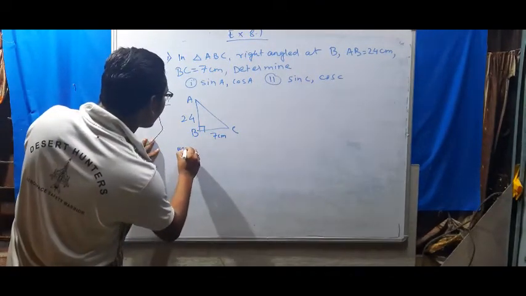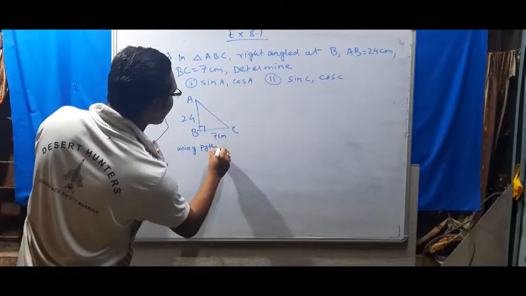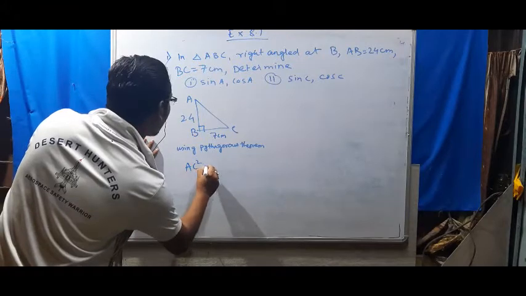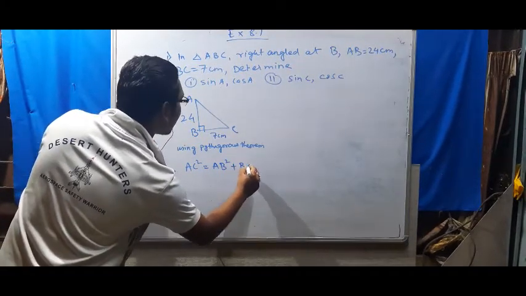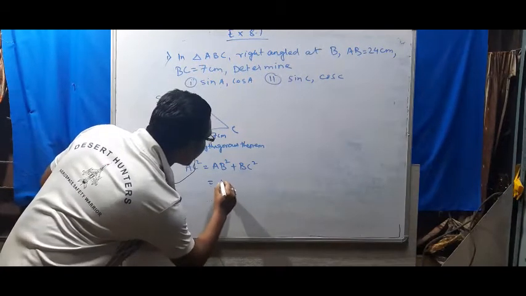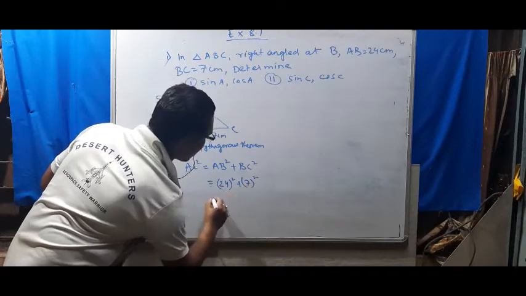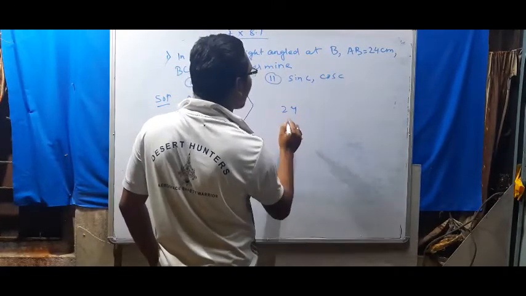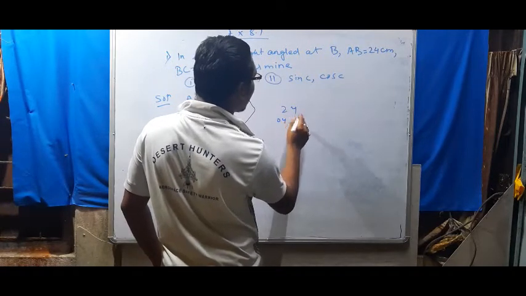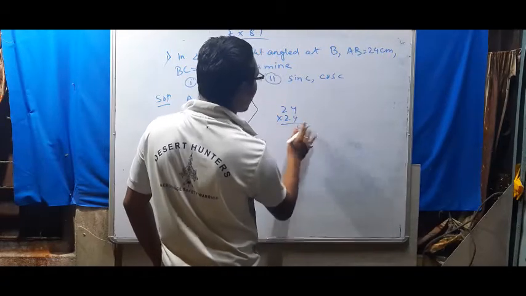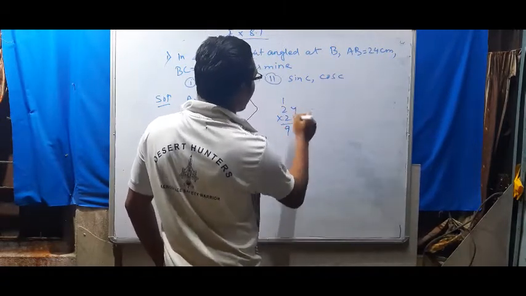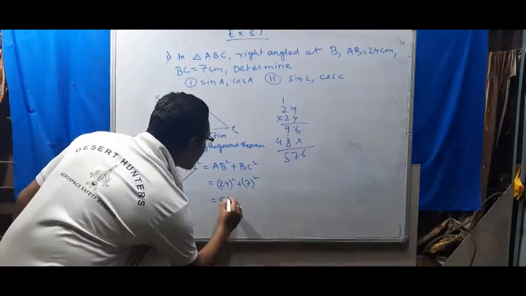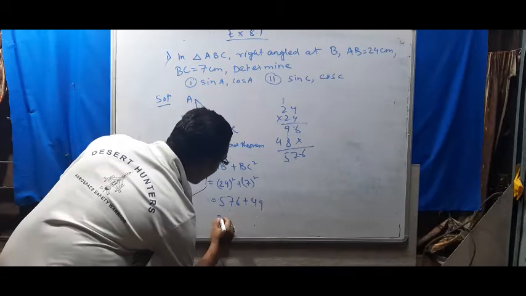So using Pythagoras theorem, we get AC square is equal to AB square plus BC square, that is 24 square plus 7 square. 24 square will give you 24 into 24, which is 576, plus 49, which will give you 625.